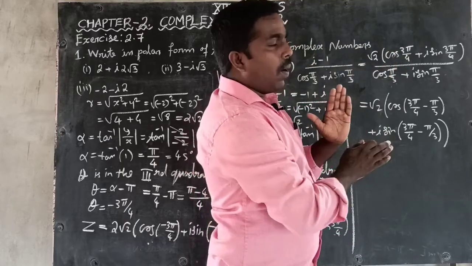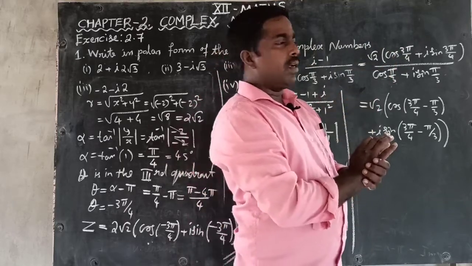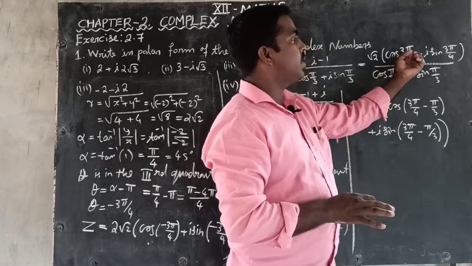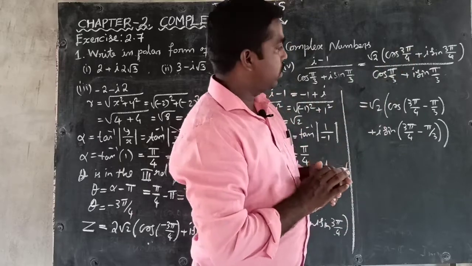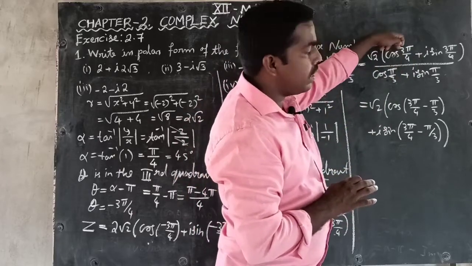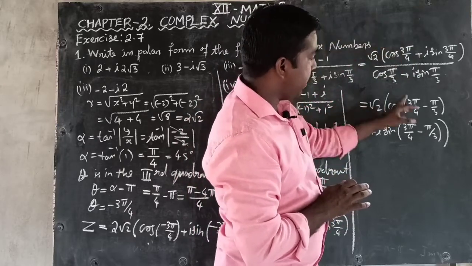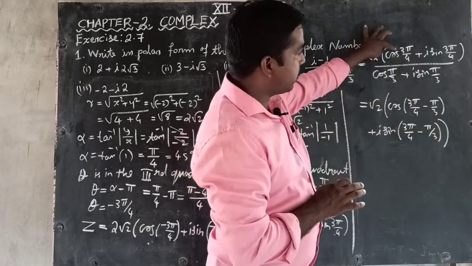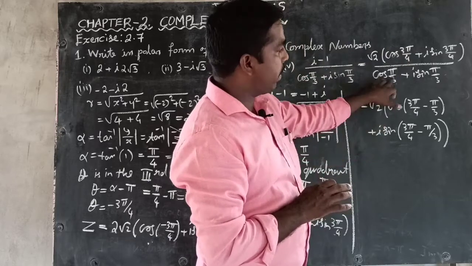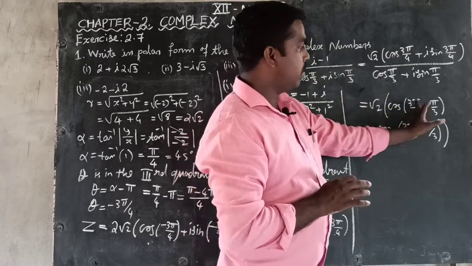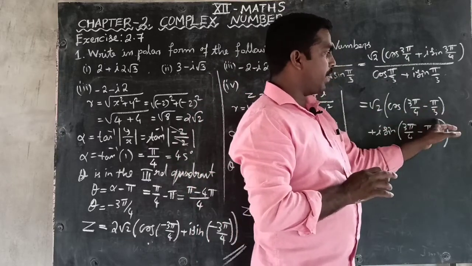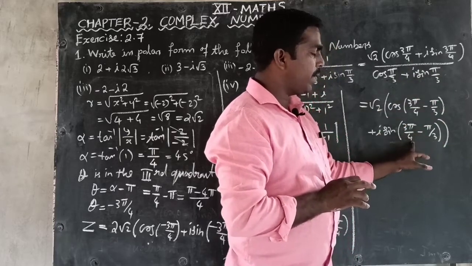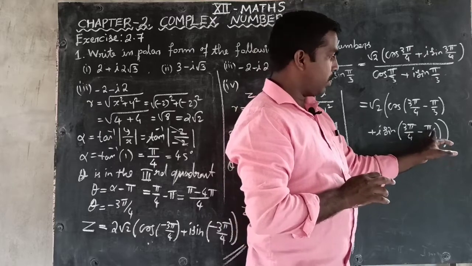Suppose two complex numbers are multiplied, then it is enough to add the two angle values. Since this is division, I subtract the angle values. The first angle is 3 pi by 4, the second is pi by 3.